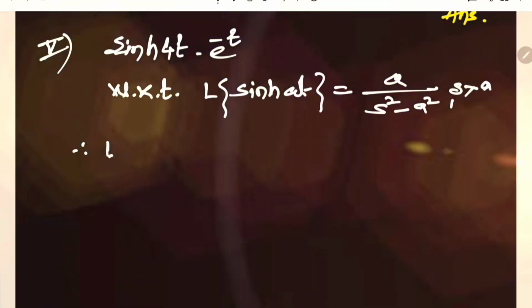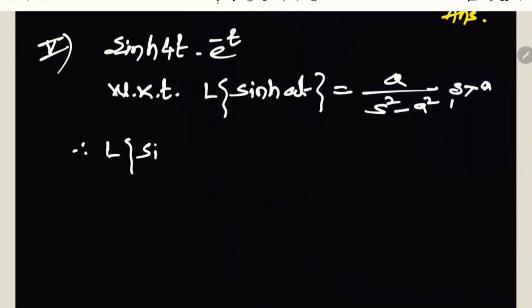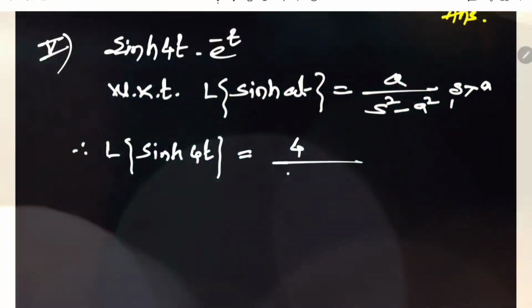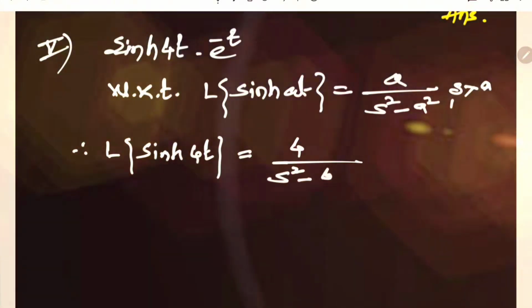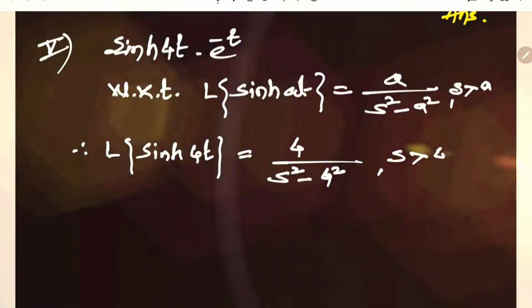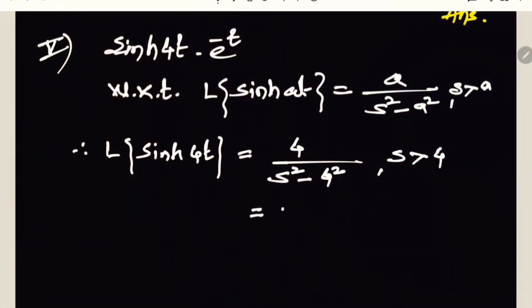Using this result, we write down the Laplace of sin h 4t as a is here 4 divided by s square minus 4 square and condition s greater than 4, and we call this as f bar of s.